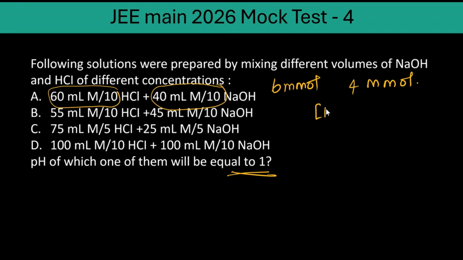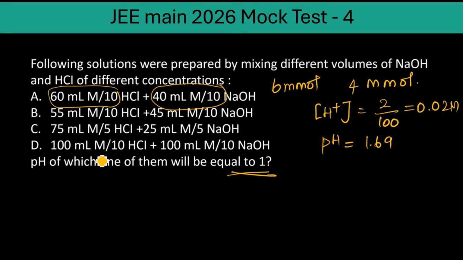So H plus will be total of 100 ml solution and 2 millimole is excess. So 2 by 100 ml, that is equal to 0.02. 0.02, that is your H plus concentration. So if I am substituting in the pH value, I will get 1.69 as your pH. So similarly, you can calculate for B, C and D.